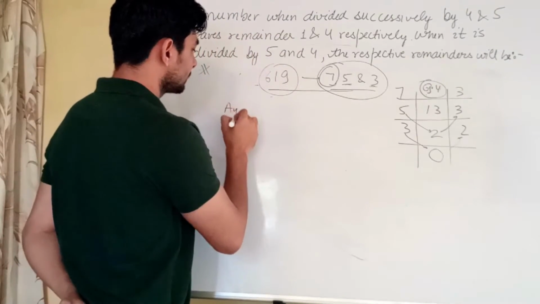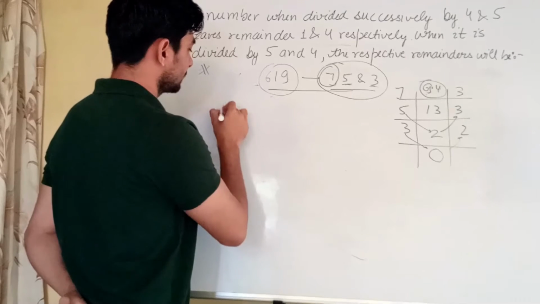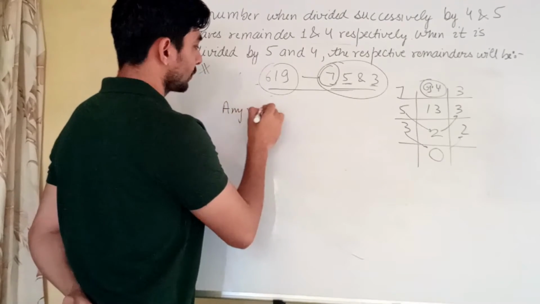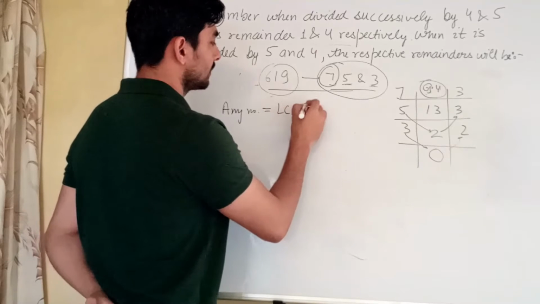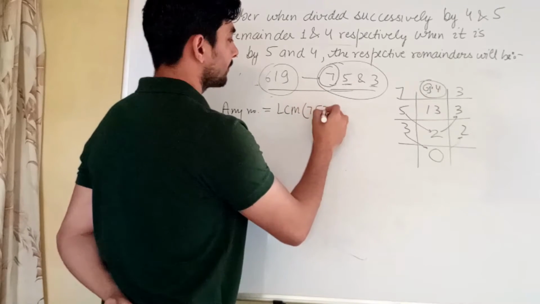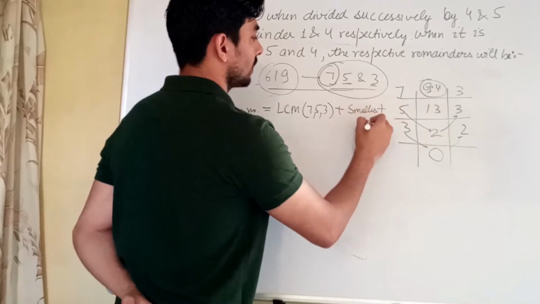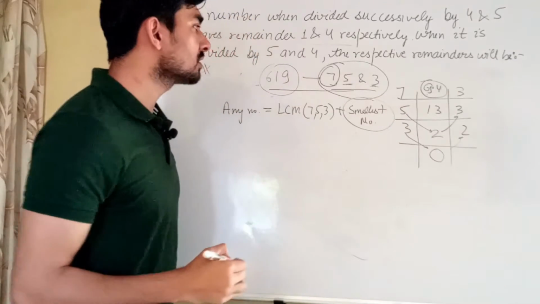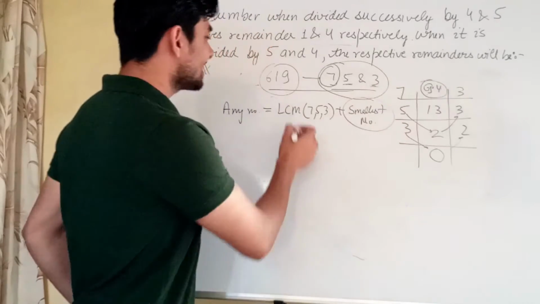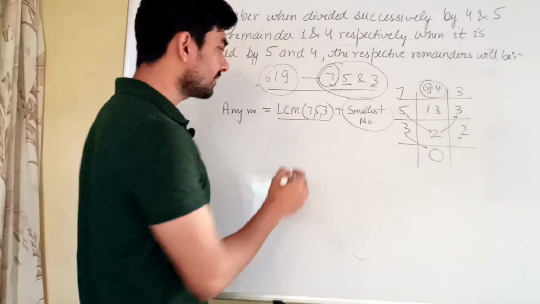Any number is the LCM of 7, 5 and 3 plus the smallest number, which is 94. What is the LCM of 7, 5, 3?